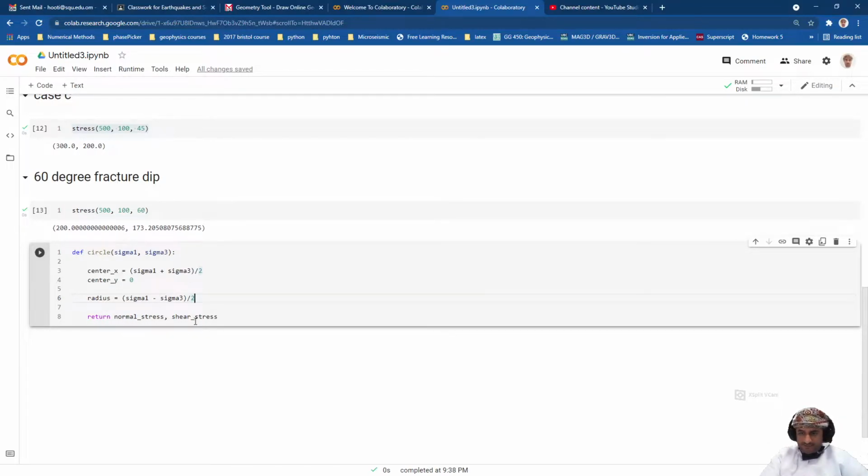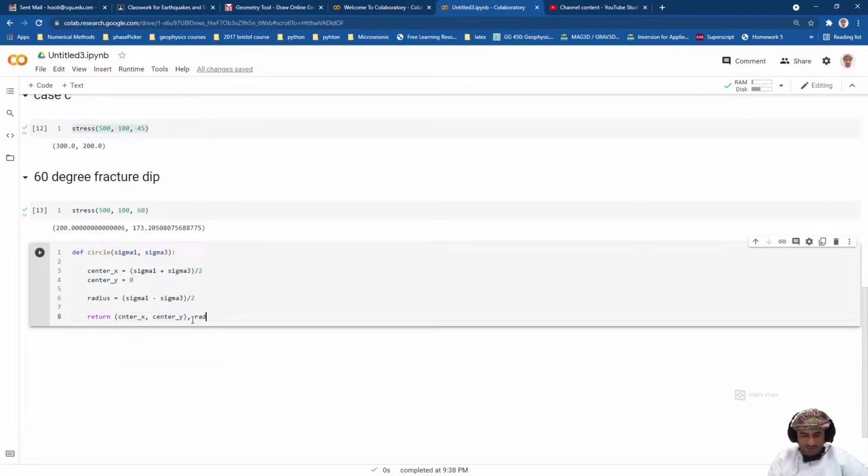Let me retain these values. The first one, I combine them together into a bracket, name it center underscore x, center underscore y. These are the return values. I'm returning this one and this one. And again, another comma.